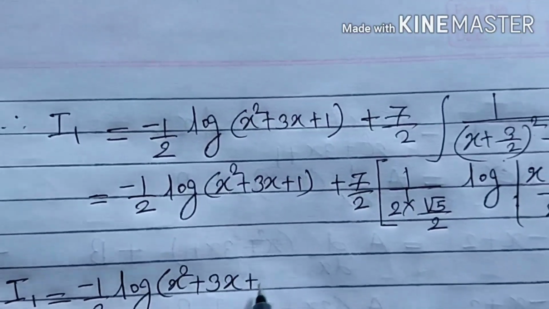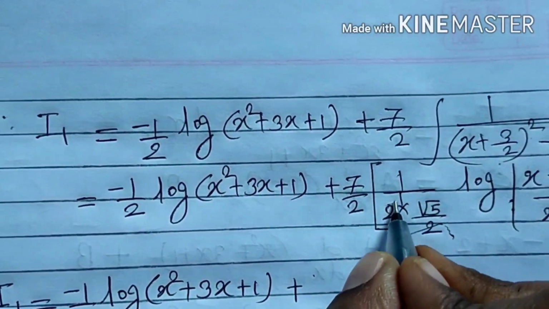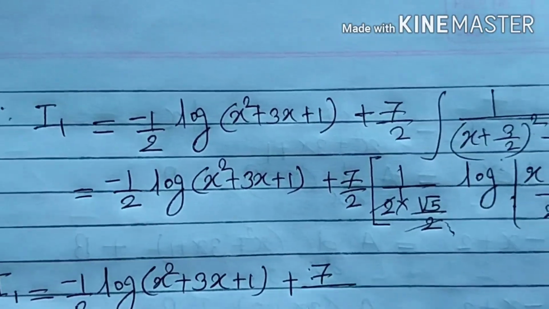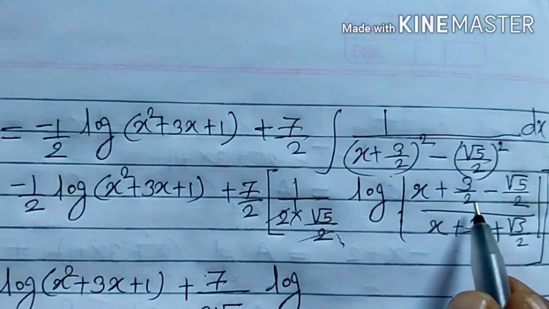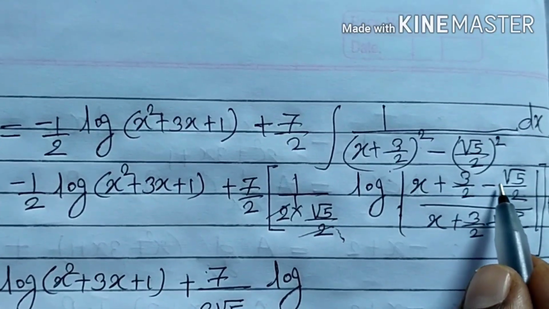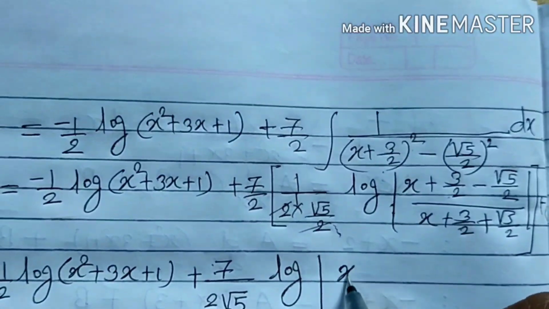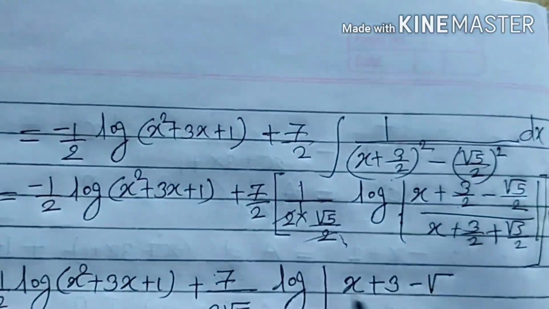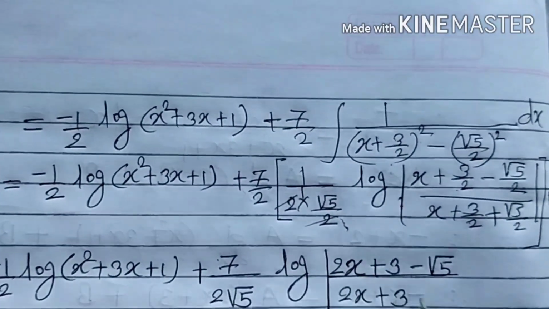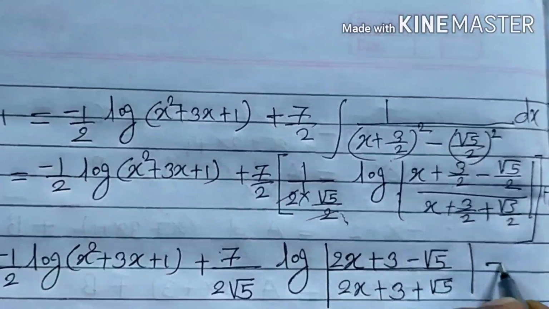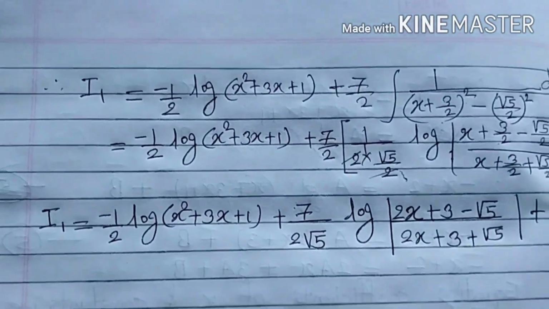So you can write I1 is equal to minus 1 by 2 log of x square plus 3x plus 1 plus, these two get cancelled, 7 upon 2 root 5 into log of 2x plus 3 minus root 5 upon 2x plus 3 plus root 5 plus c. Now use these values of I1 in equation 4.